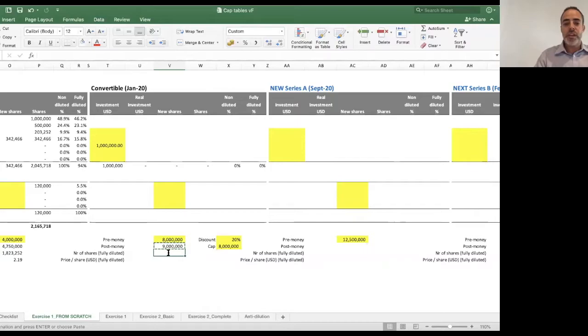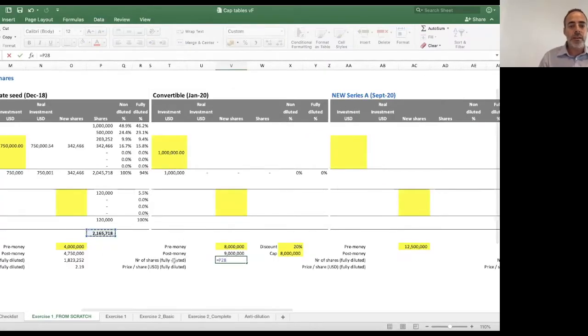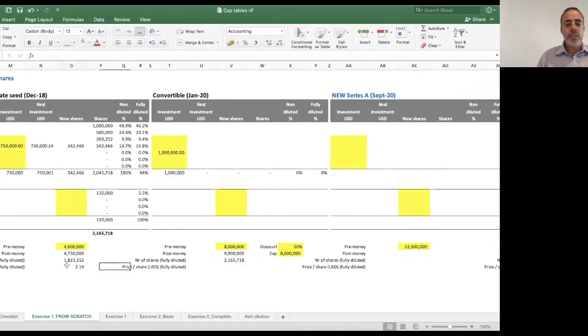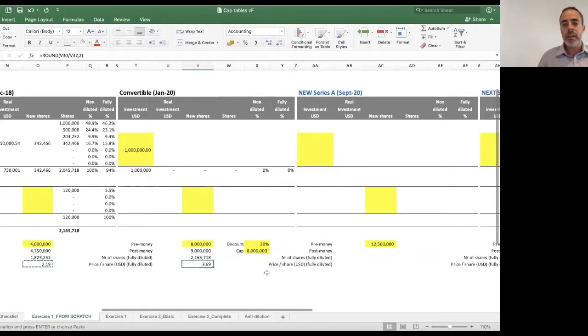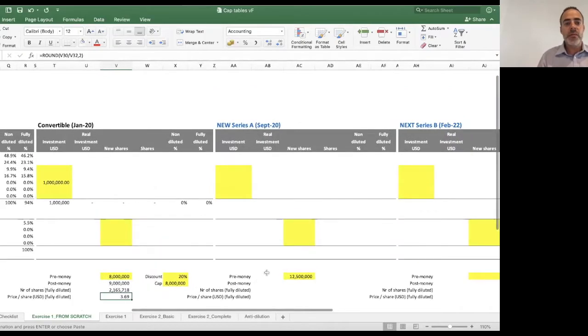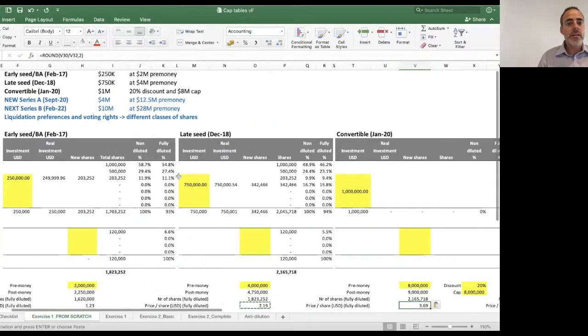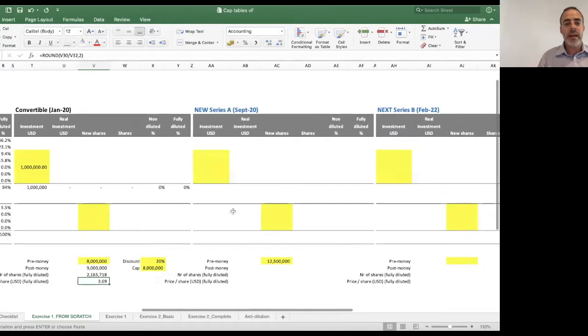The number of shares we said before the convertible takes place, we had 2.165 million shares. So the share price of the convertible will be 8 million divided by 2.165, okay? The Series A, we said we're gonna raise 4 million at 12.5.